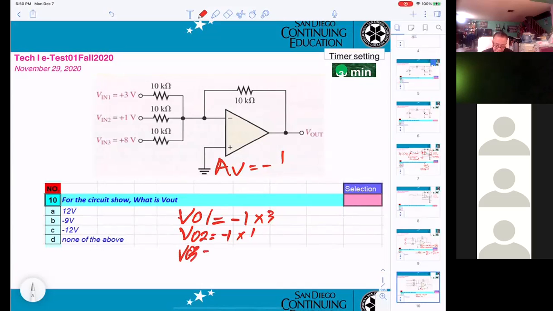VO3, minus 1 times 8. Okay, let's see, the number 10 will be C. You calculate VO1, VO2, VO3, then add them up. Okay? Next.